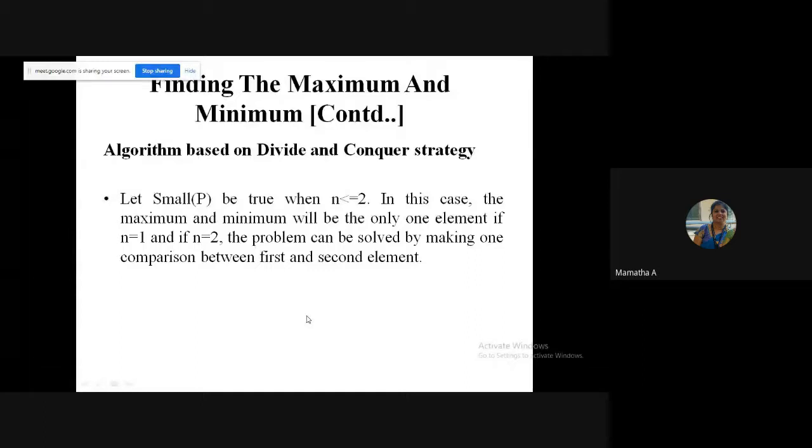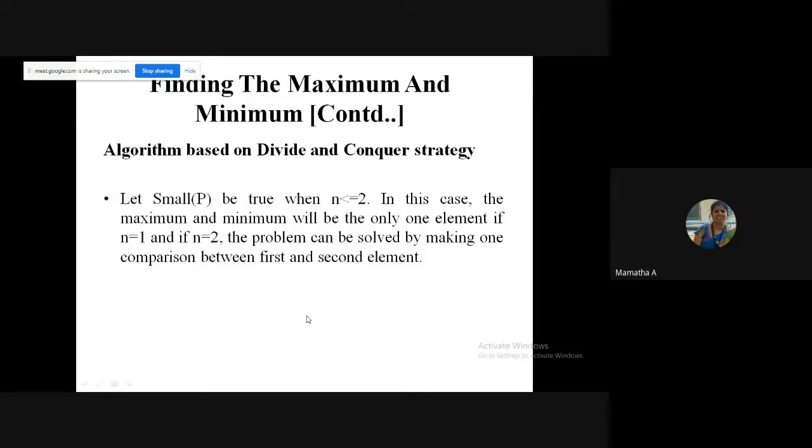There is only one element. What is your max and min? The same element which is present. The only element is your max and min.